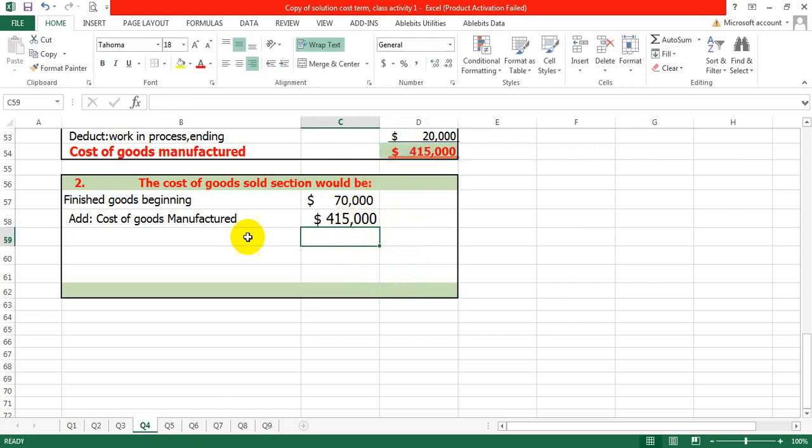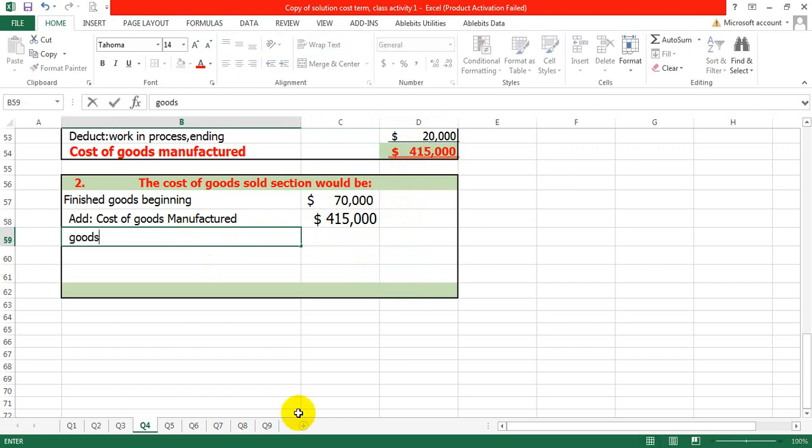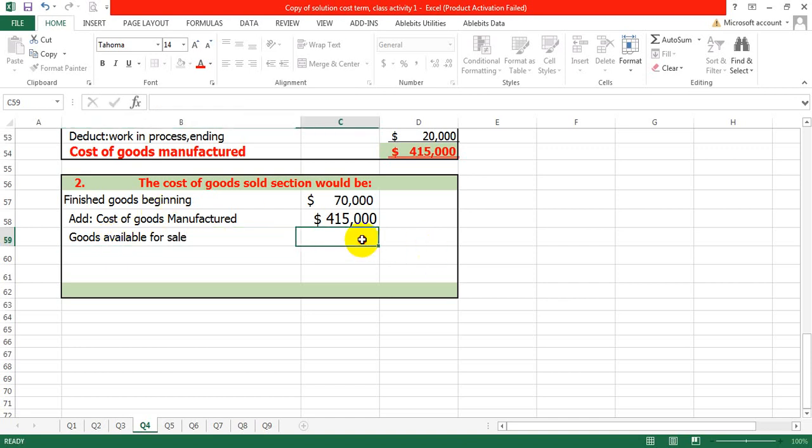So 4,15,000. Now what is the name of this value? Goods available for sale. The goods available for sale is 70 plus this value, 4,85,000.